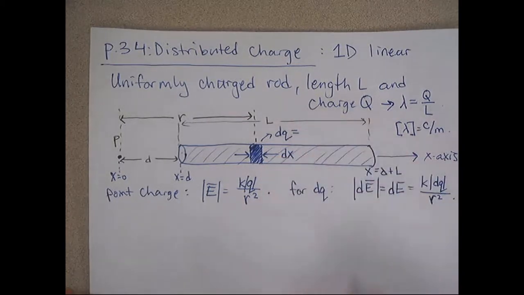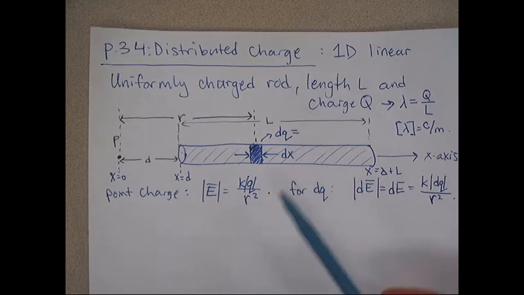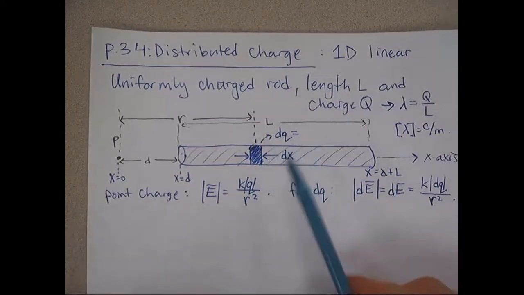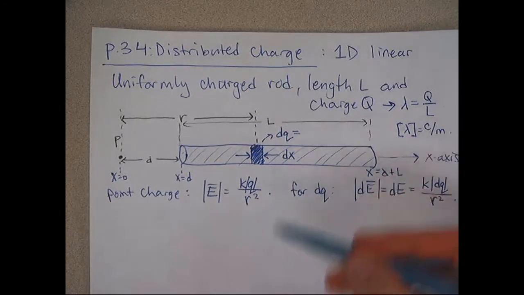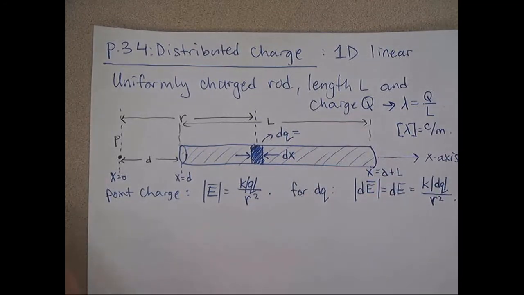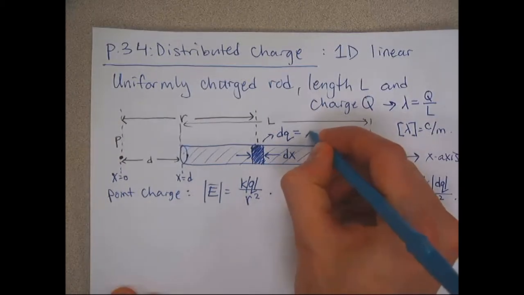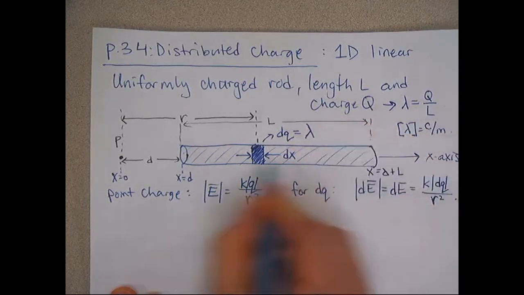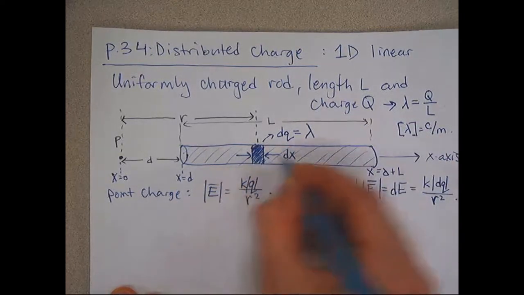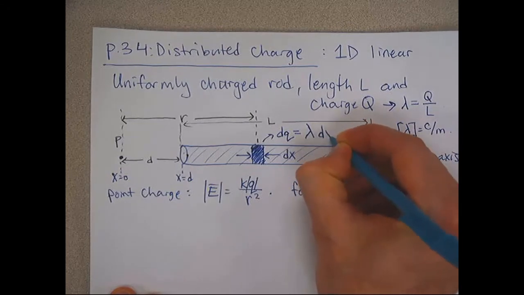So how much charge is dq? I told you earlier it's the smallest amount that you can imagine, but here we're asked for an amount of charge dq in step 4 of the problem-solving process. This is lambda, how much charge you have per unit of length, times the length of the dq, which is dx.